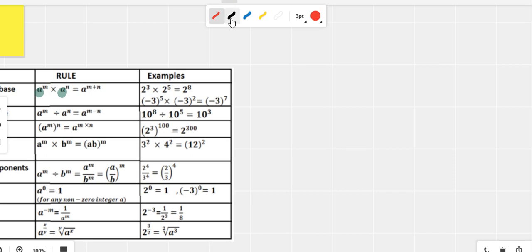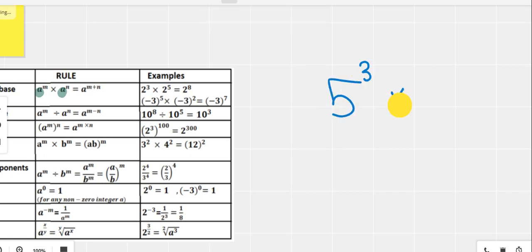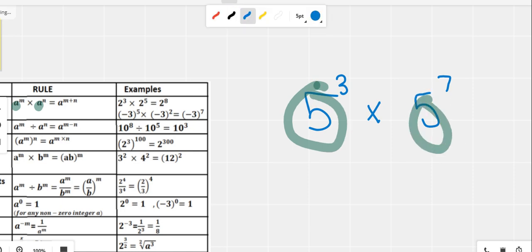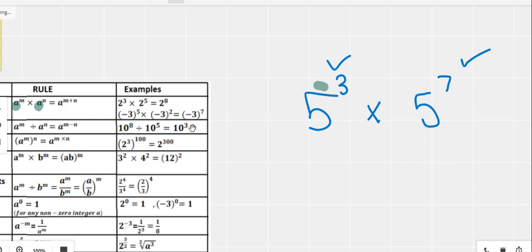For example, 5 to the power of 3, multiplied by 5 to the power of 7. Now the base is 5, and the powers are 3 and 7. The first rule of indices is that when you have the same bases and there is a product sign in the middle, you add the top values and write the base once.